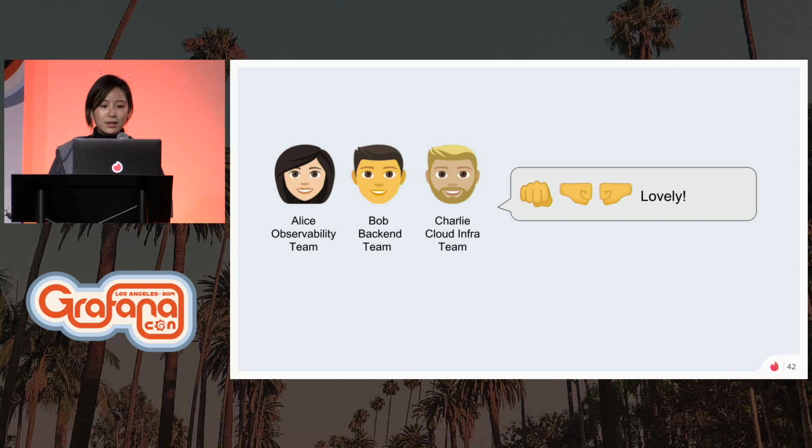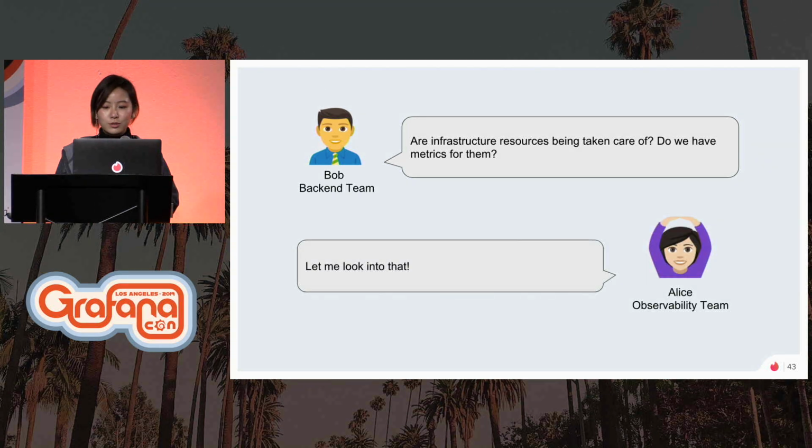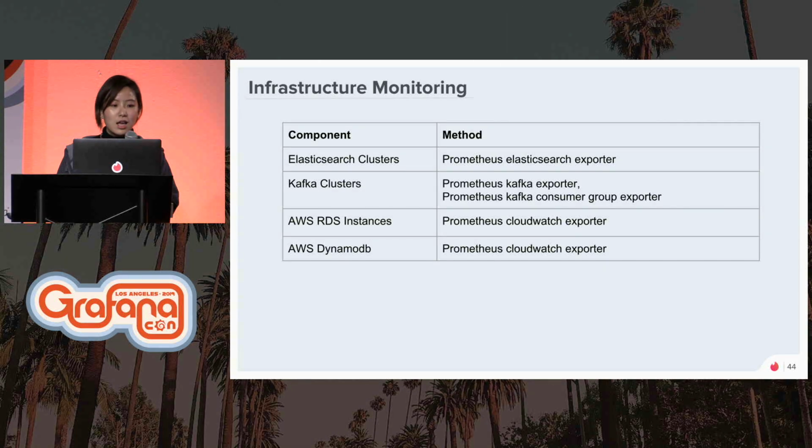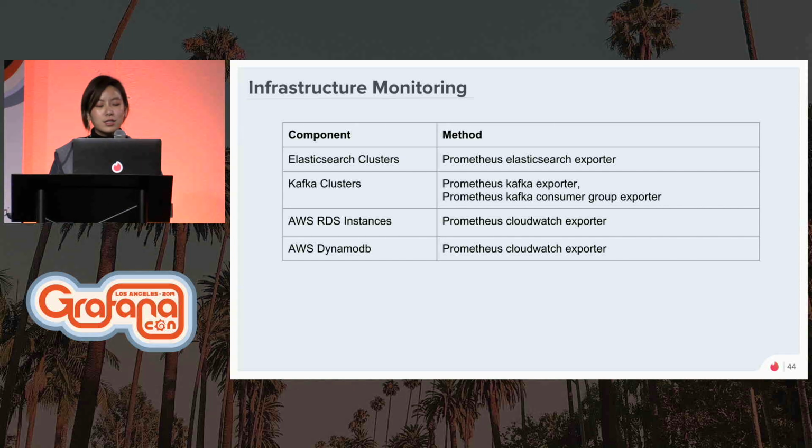And everyone is satisfied with the current solution, but Bob reminded Alice that we shouldn't forget about other infrastructure components like Elasticsearch and Kafka. Can we take care of those? So the answer is yes. There are many open source tools out there available for us to do the monitoring with Prometheus exporters.